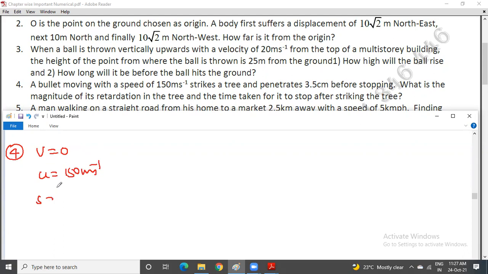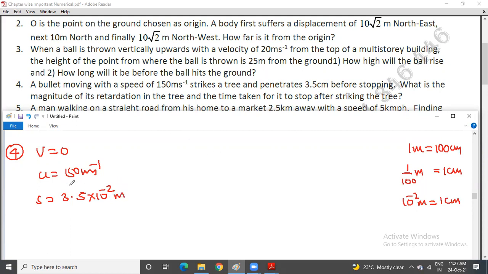Distance is given in centimeters, you convert it into meters, 3.5 into 10 to the power of minus 2, because 1 meter equals 100 centimeters. So 1 centimeter equals 1 by 100 meters, that is 10 to the power of minus 2 meters. So therefore, this is in meters.